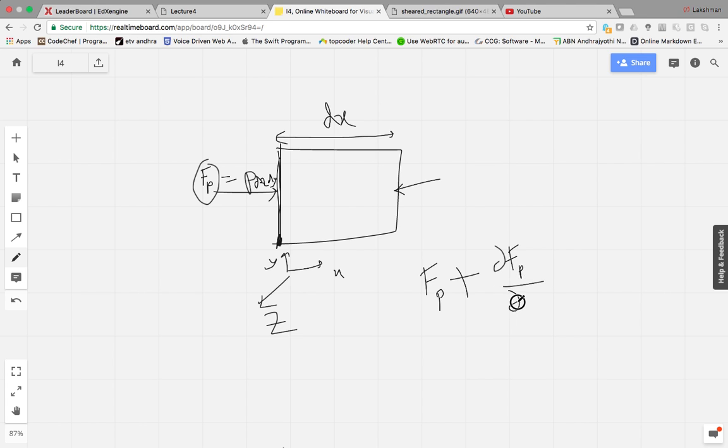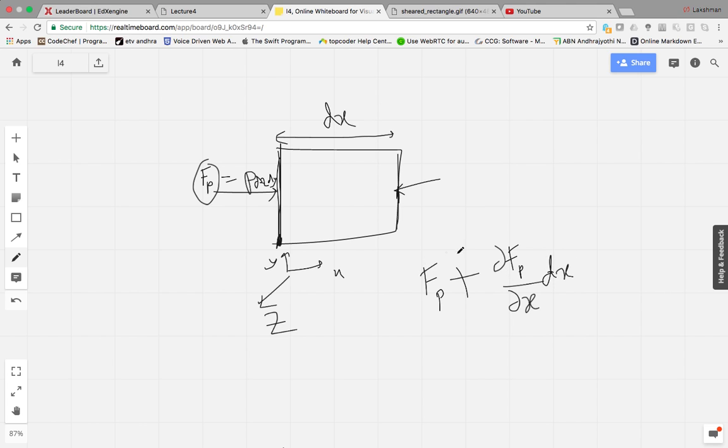I considered partial derivatives because Fp is a function of all three coordinates and time. So I just considered a partial derivative with respect to x, because we are trying to predict the force along x at a different location, which is dx away from this particular location, on this particular plane basically. So dF by dx multiplied by dx.